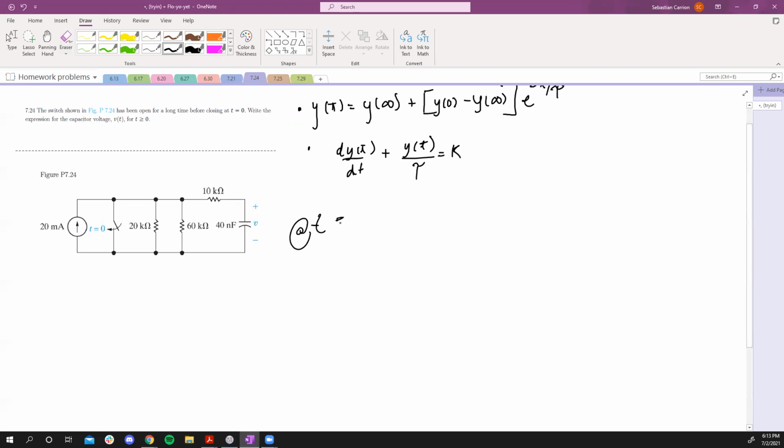at time less than 0, this is what our circuit is going to look like. We already know right ahead that our capacitor is going to turn into an open circuit, right?